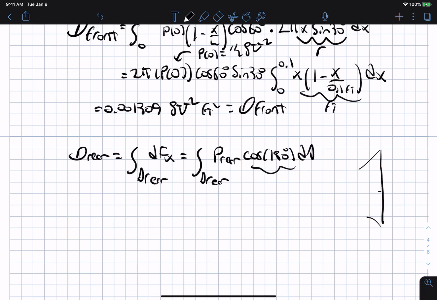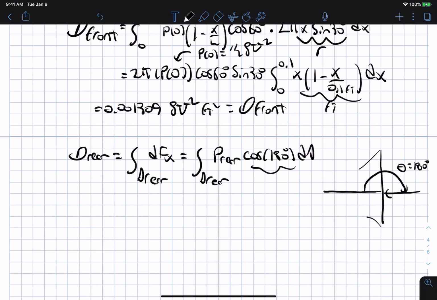When we're computing drag, the pressure is acting in the x direction, but it's on the opposite face. So theta starts from the negative x-axis and goes to the normal direction to the surface. So theta equals 180 degrees.